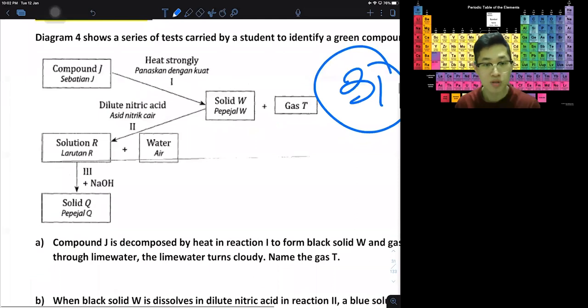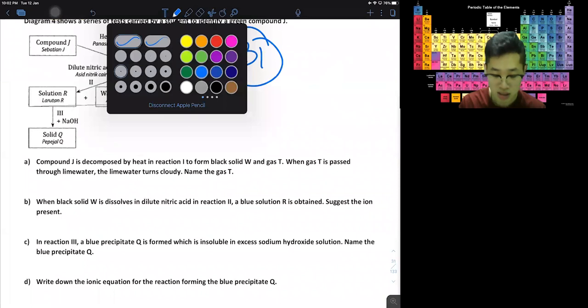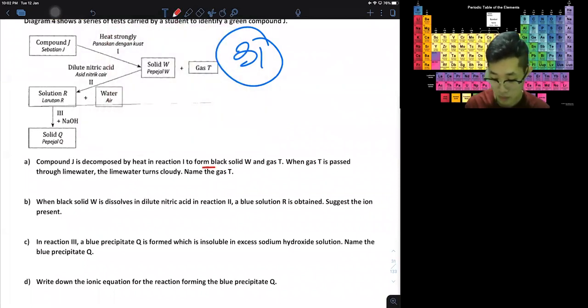So same, solve this diagram. Some of the information is in the question.